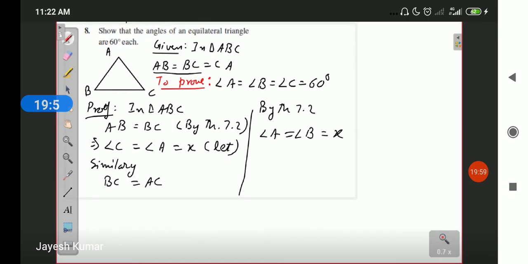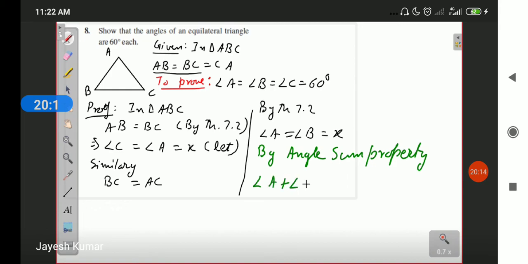By angle sum property of a triangle, angle A plus angle B plus angle C should all be equal to 180 degrees. Now the values of angle A, angle B and angle C are all x. So x plus x plus x is equal to 180 degrees.